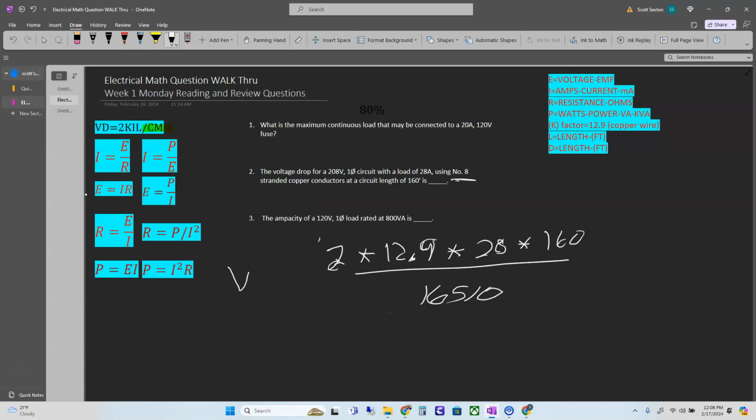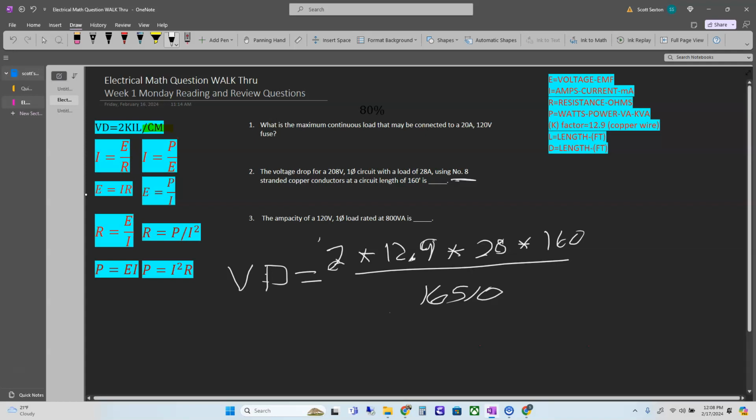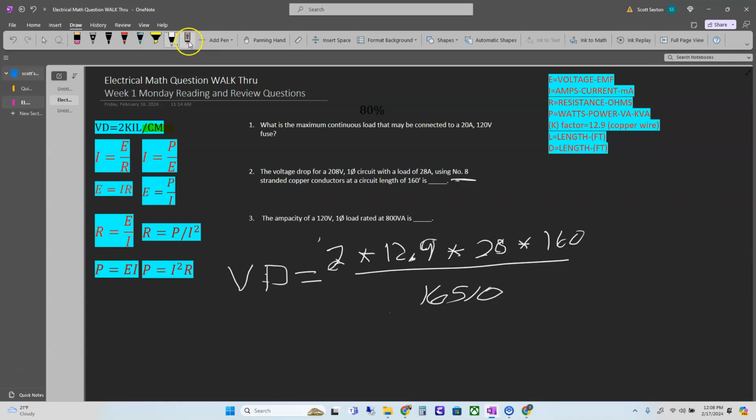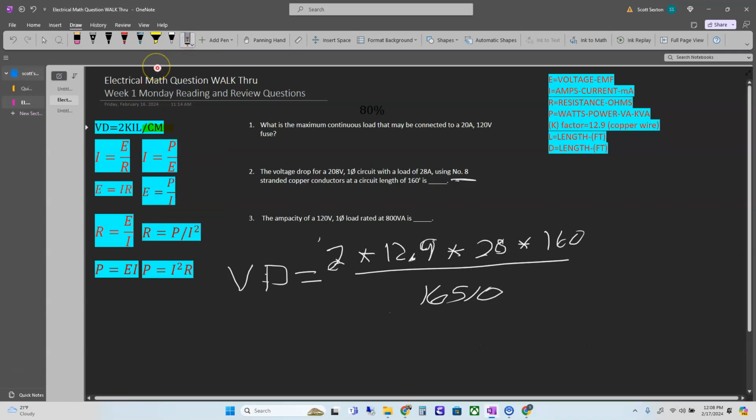Now remember, we're looking for a voltage drop. And it's going to be 2, which is your 2 right here, times your K factor, which is copper, and this is copper wire because it's telling us it's copper wire, 12.9.